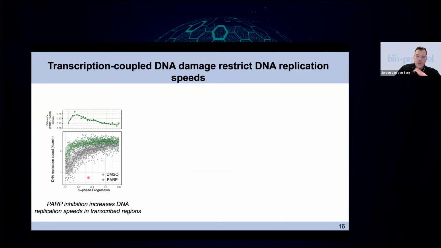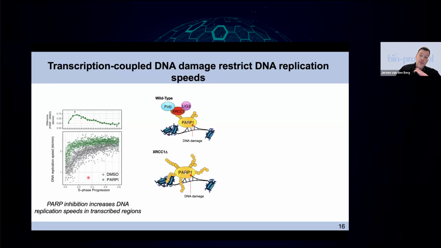So in order to test that DNA damage restricts DNA replication speeds not only in this particular condition, we wanted to activate PARP enzymes, and we did that by using a genetic knockout.